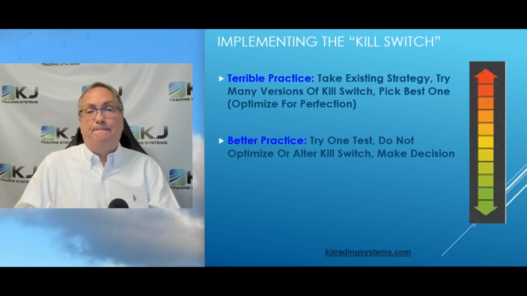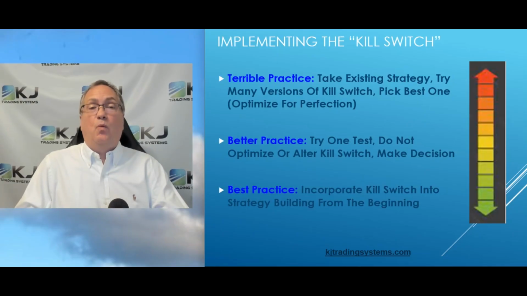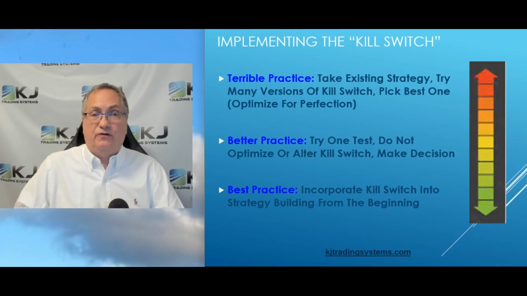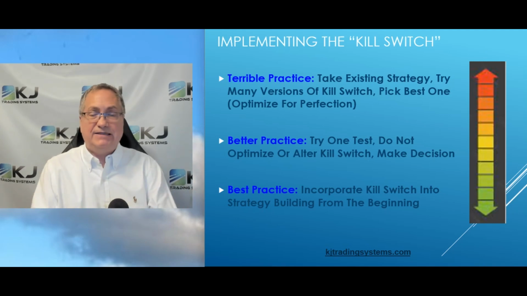Okay? But the best way, if you want to incorporate kill switches into your strategies, is when you start developing the strategy, just have that kill switch in there. And that's just part of the strategy from day one, from the beginning of development. And then if your strategy works and passes all your tests, well, now you've got this kill switch built in too. That's great.